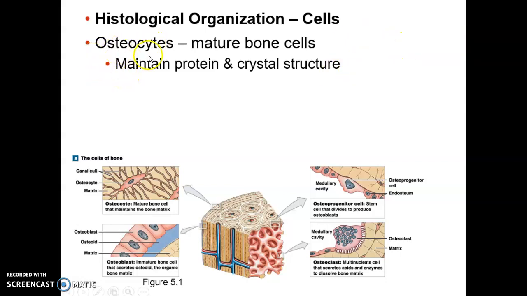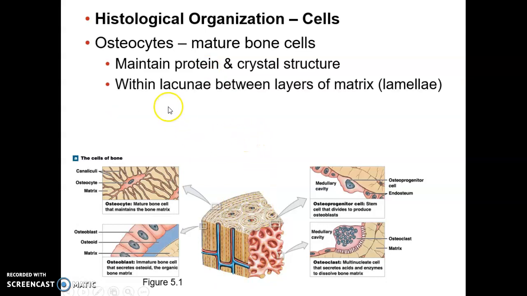So the function of the osteocytes is to maintain the protein and crystal structure of the matrix of bone. They are found within the lacunae, between layers or sheets of the matrix, if you think of it that way. And these layers of the extracellular matrix, the hard bone material, are referred to as lamellae. Lamella is singular.